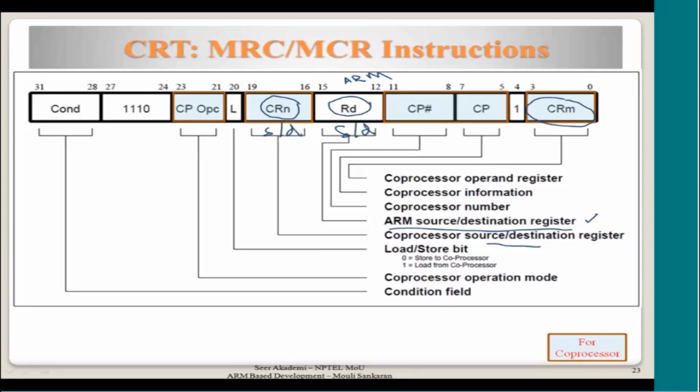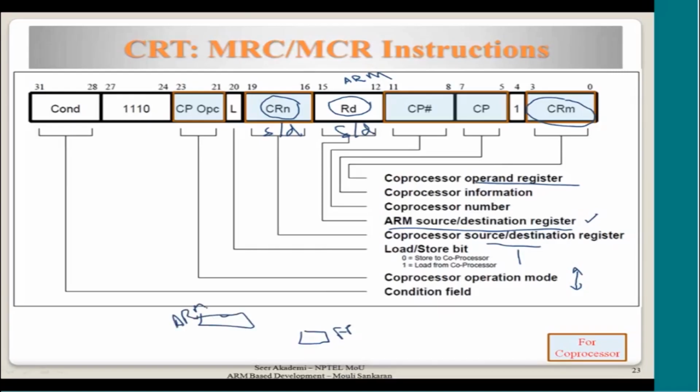And this is another operand register, CRm. It could be a load or store, and then you can even perform some operation and then transfer it. I will give you an example. Suppose you have a floating point coprocessor, and the ARM is there.